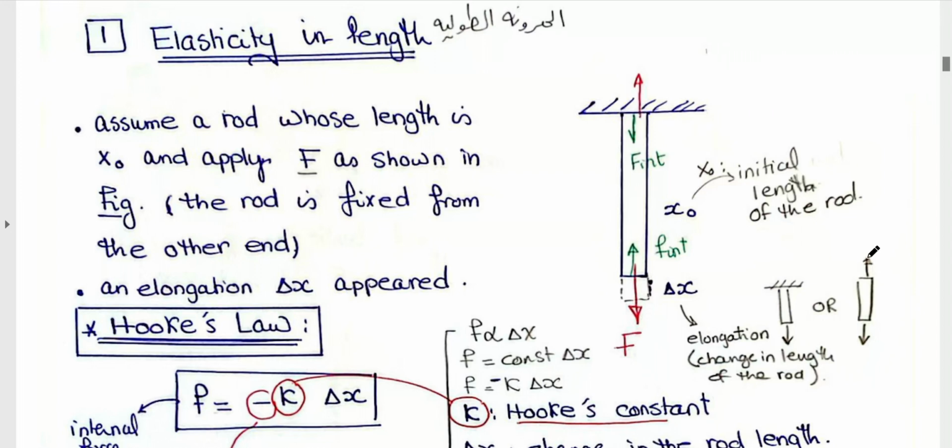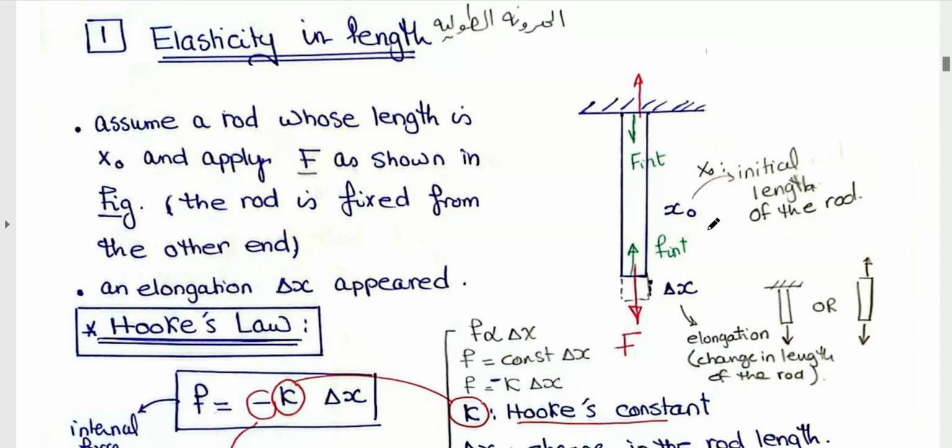Either I apply two external forces like this, or I fix one side and apply force from the other side. So the wall's effect is the other force. This is equivalent to this. These two situations are equivalent.